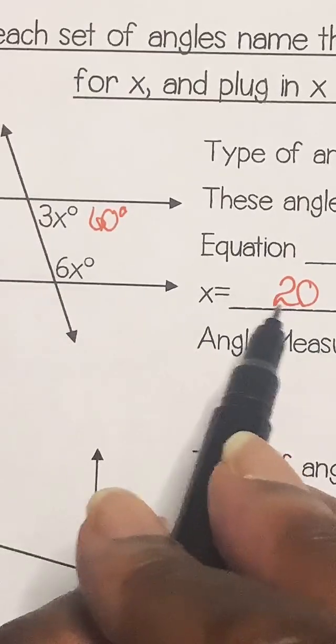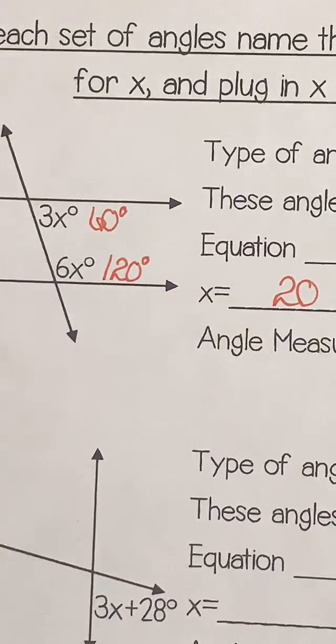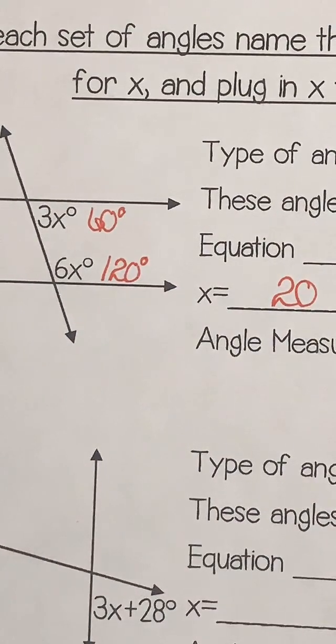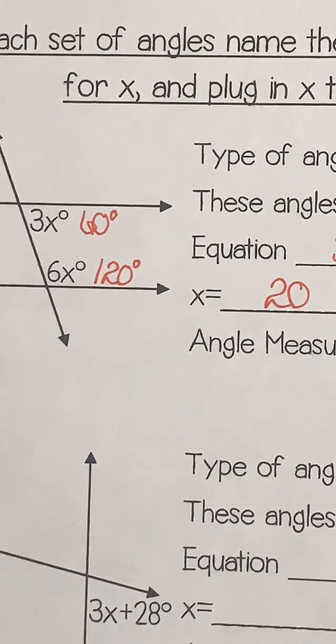So we replace the x with 20. 6 times 20 gives us 120. Okay, good. 120 and 60.